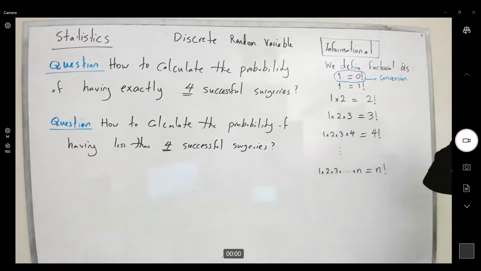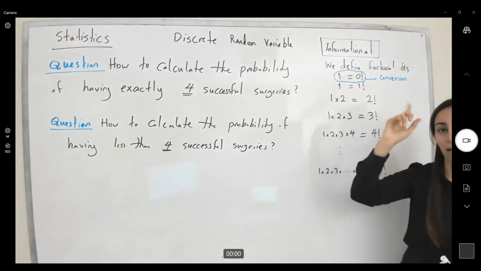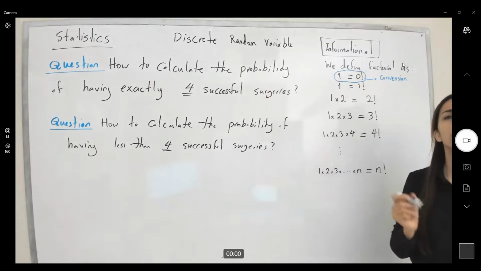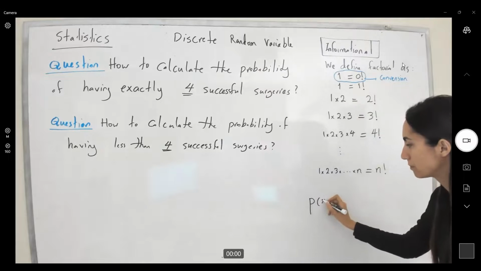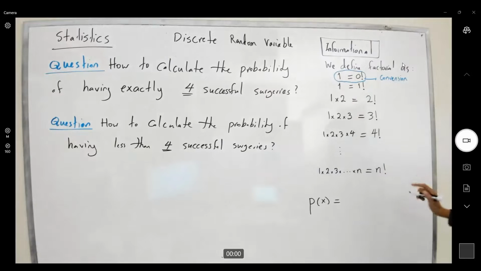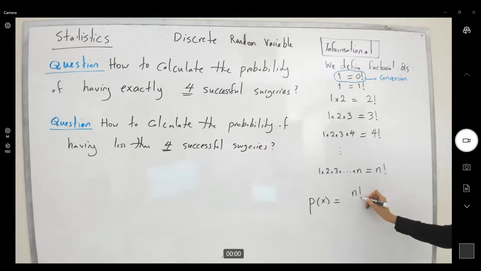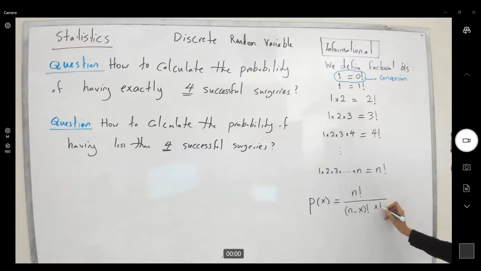Okay, so why did I define this? Why do I say that we are having factorial? It happens that when you're talking about discrete random variables, specifically for a binomial experiment, the probability of x is defined using the factorial. So here you have n factorial divided by, on the denominator, n minus x factorial times x factorial.